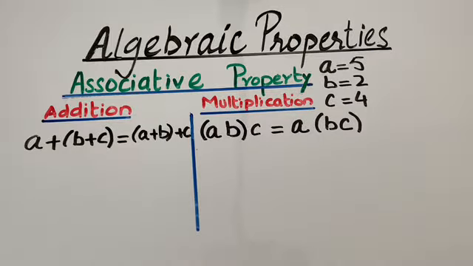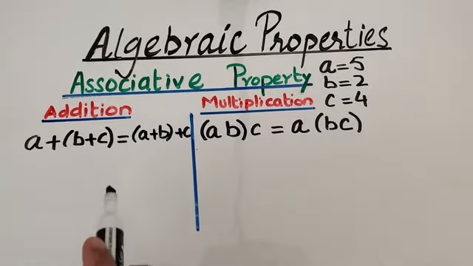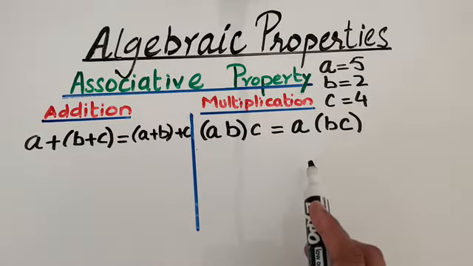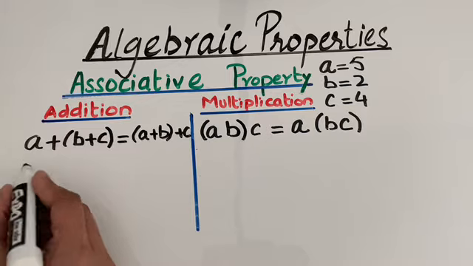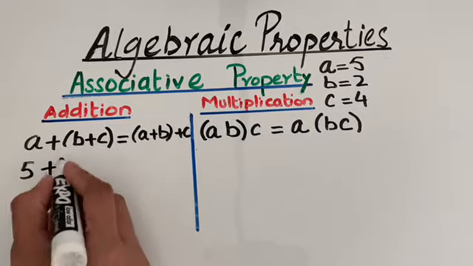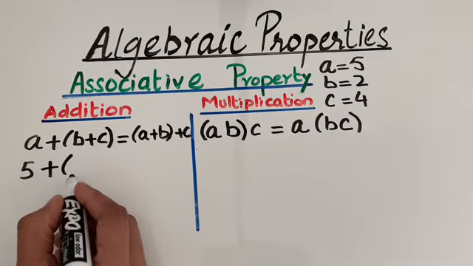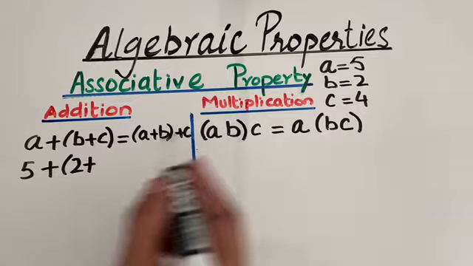Let's substitute the values of A, B, and C in the associative property of addition and the associative property of multiplication and see how this works. So A is 5 plus B is 2 plus C is 4.